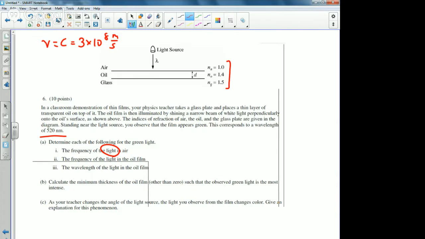Nano on your reference table is 10 to the -9. How do I solve for frequency? v is equal to f lambda. So we end up with frequency equals 5.77 times 10 to the 14th hertz.